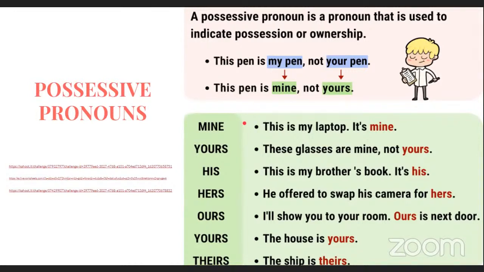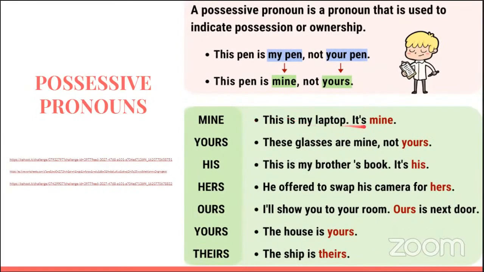And here we have specific examples using each one of them. For example, with mine, can you please read the first statement with mine? Okay, this is my laptop. It's mine. Correct. And the other one, please. These glasses aren't mine, not yours. This is my brother's book.